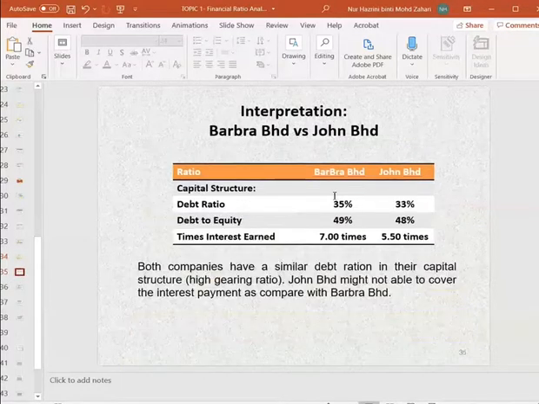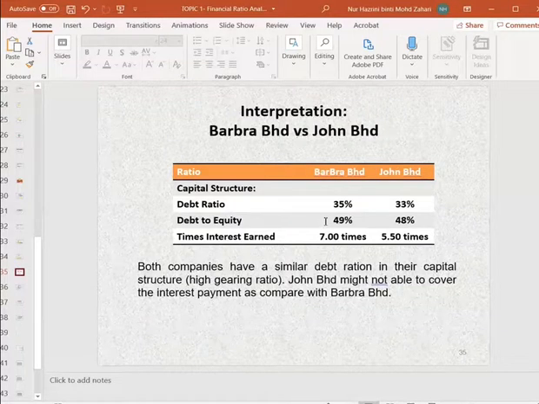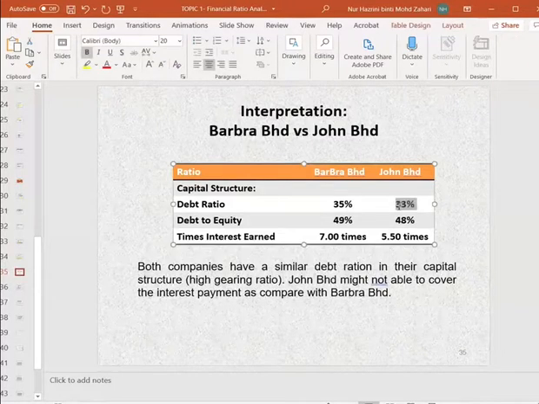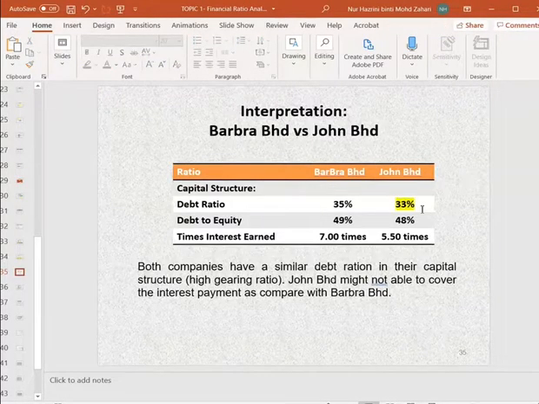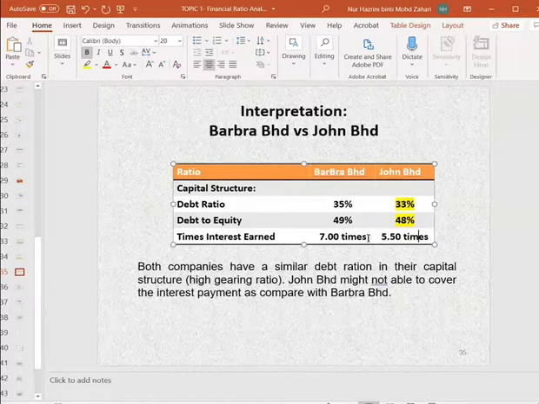Okay, next, we have capital structure ratio. For the capital structure, debt ratio, John is lower. Okay, the lower the better. Debt ratio, remember, John is also lower in debt to equity, and Barbara is higher in times interest earned.